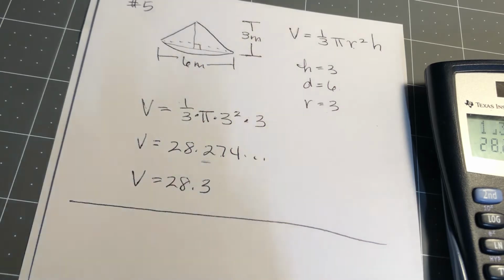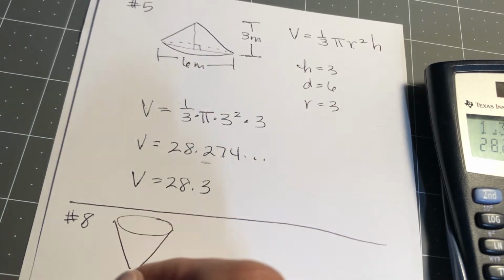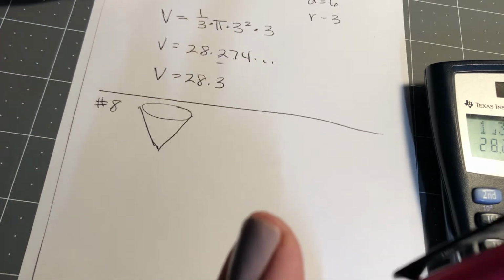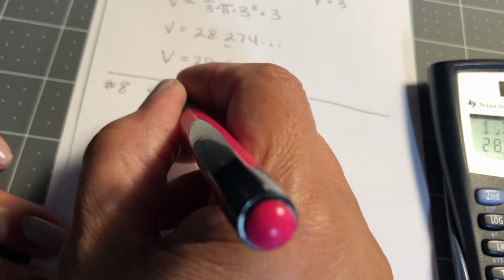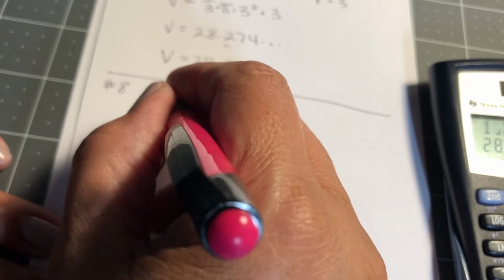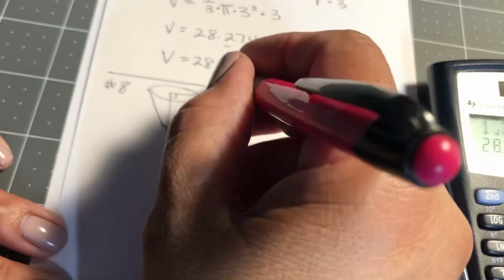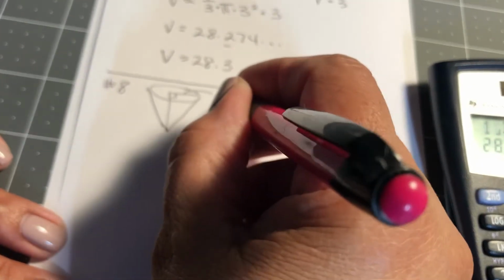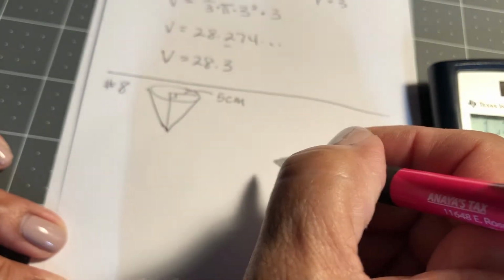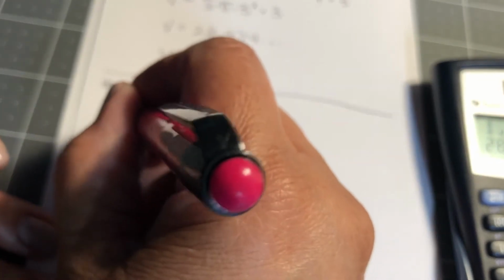For exercise number 8, we can do the same thing. So you have a cone, the picture here is an upside down cone, and the radius is given, which is 5 centimeters. So we'll say that this radius is 5 centimeters, and then your height is 8 centimeters.